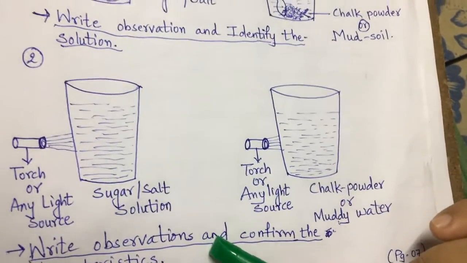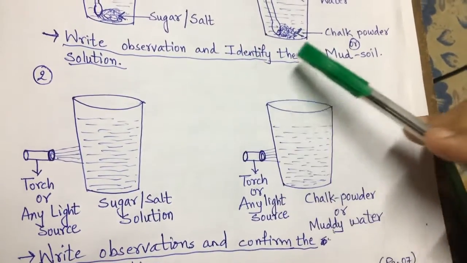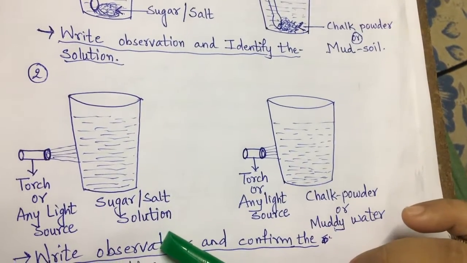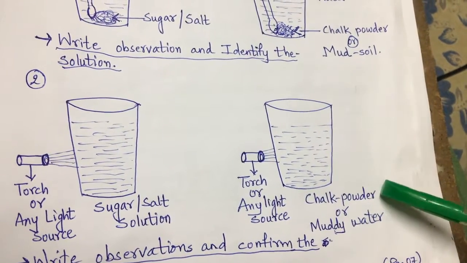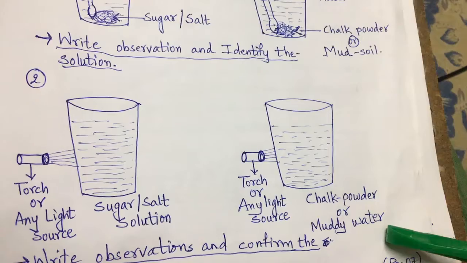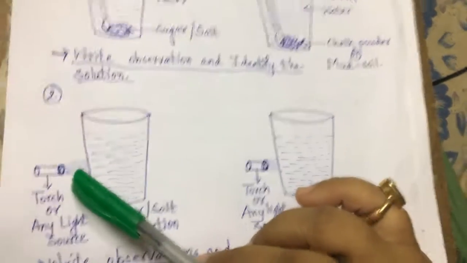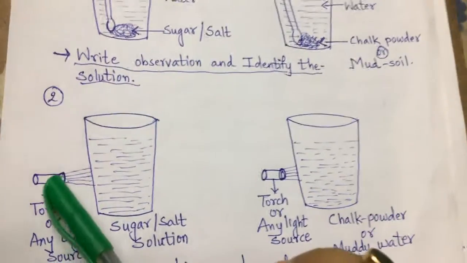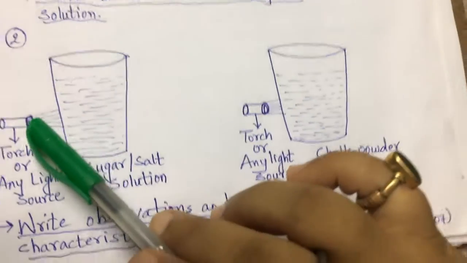And one more activity. Same glasses A and B, with the sugar or salt solution and here with chalk powder or muddy water. Take a torch or any source of light and allow the light to fall through it.